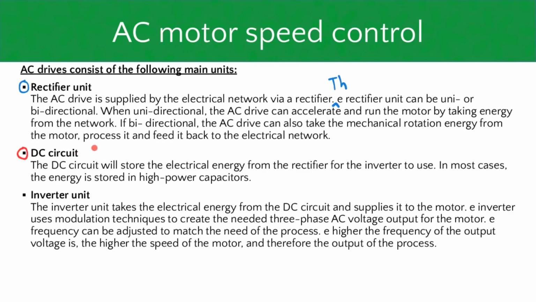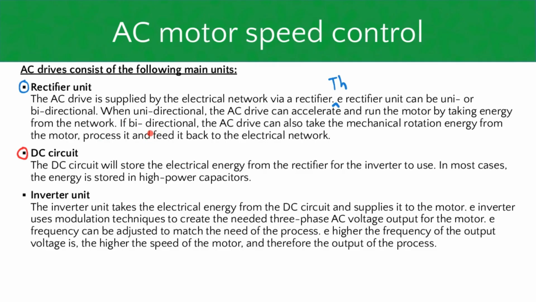Then you have a DC circuit. Typically you will have some form of DC to DC converter to either step up or step down the voltage while it's in DC, and also to filter out your rectifier output.